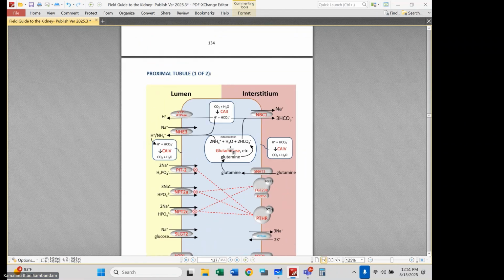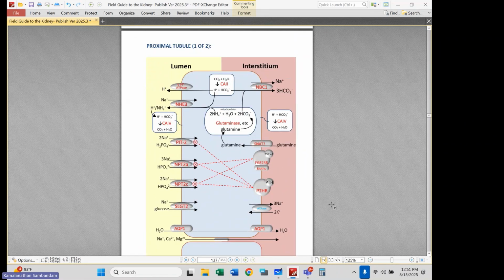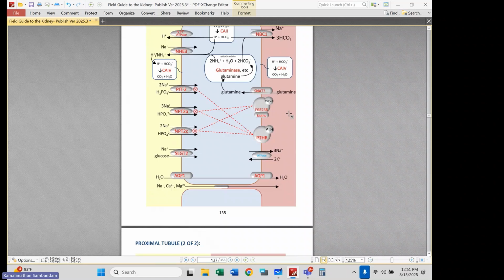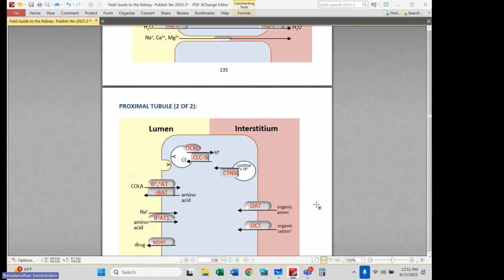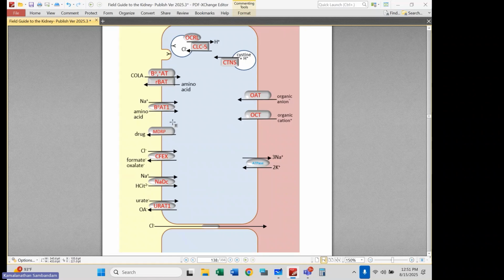Okay, so again, we're not going to go over each segment. I'll just highlight that we have apical transporters and basolateral transporters, and not every transporter that is present is represented here, but certainly I endeavored to create a reasonable understanding of things that are relevant to human disease, I'll put it that way.